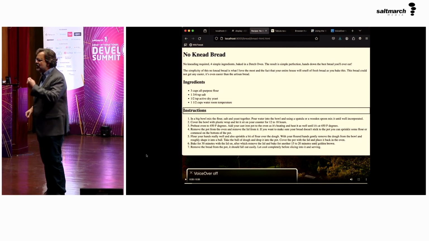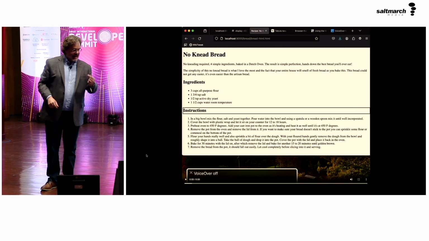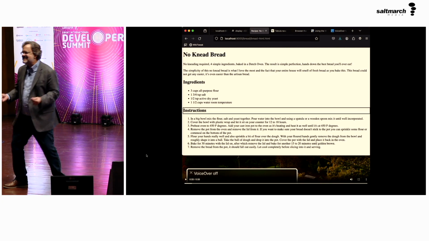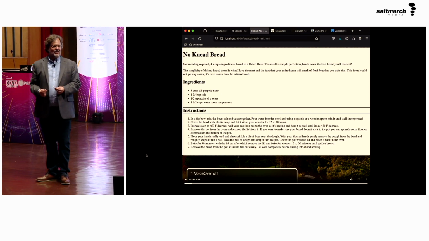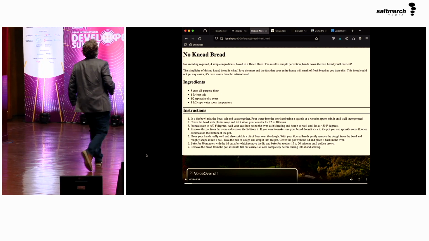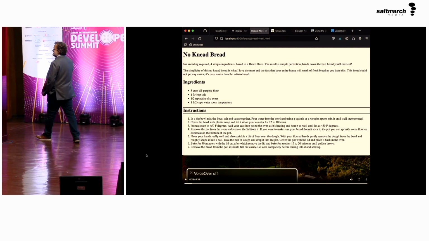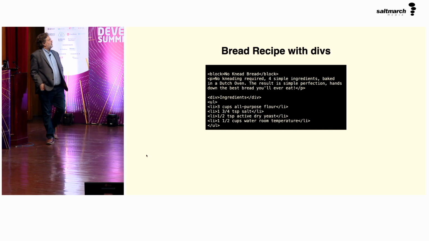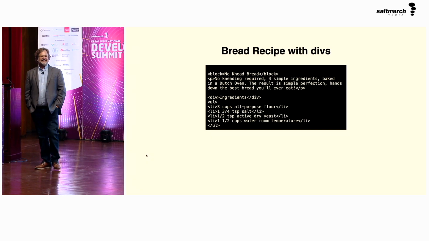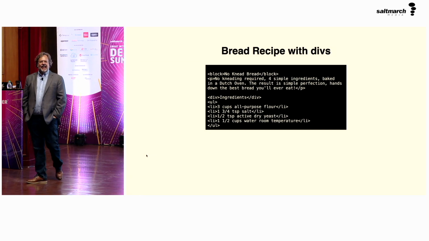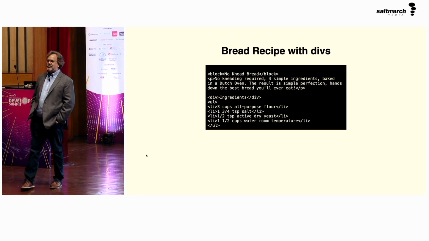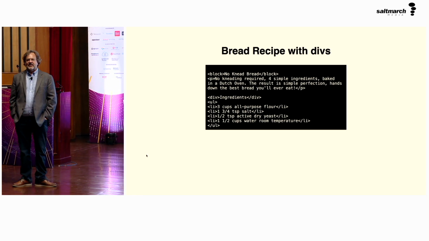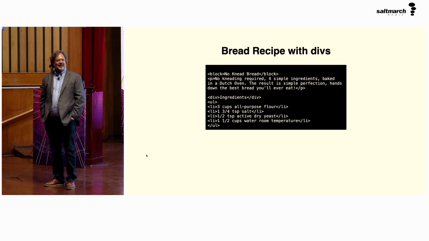Now that's what happens if you use header tags as they were designed, as they were intended to be used. What if instead you made a different decision? You liked that block element so much you decided to keep it? Oh, and look at ingredients. There we go, a good old div, huh?